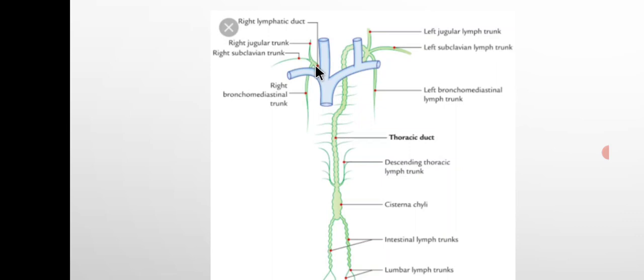It receives tributaries from the right bronchomediastinal trunk, from the neck via the right jugular trunk, and from the upper limb via the right subclavian trunk.